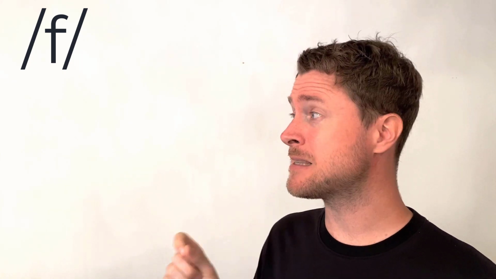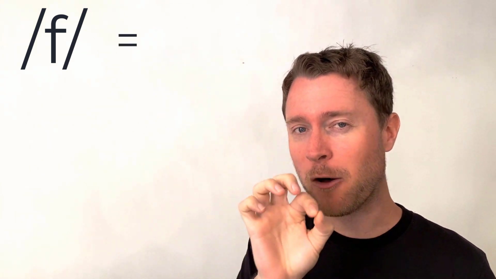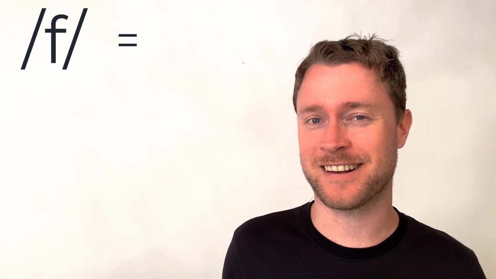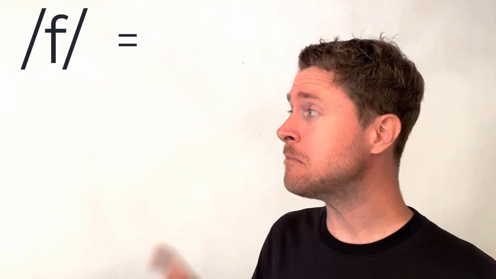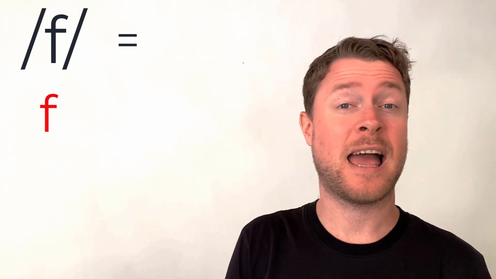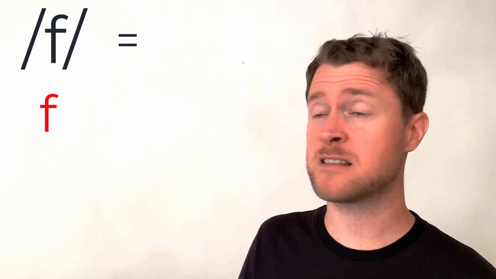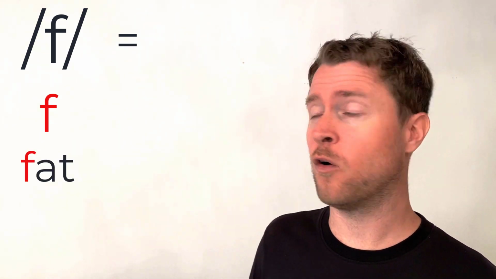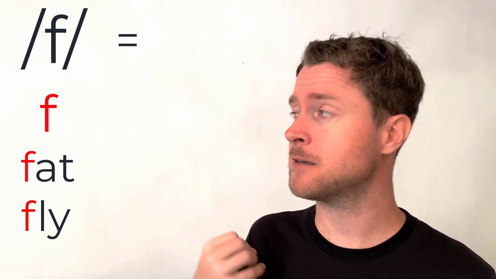Okay, so the first thing I want to tell you about is that this f sound can be found spelled with different letters in English, okay? Obviously, we can pronounce it with an F, as in the words fat or fly.